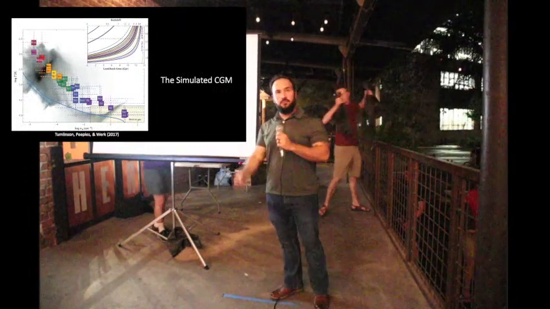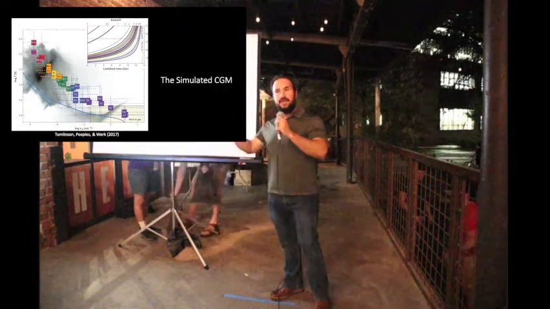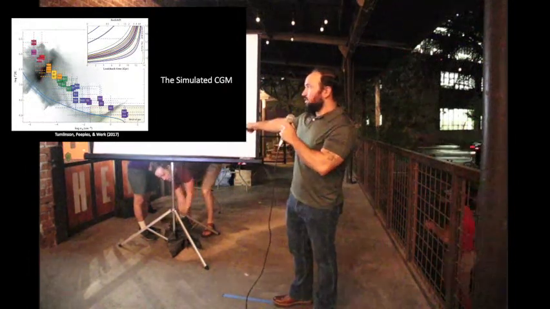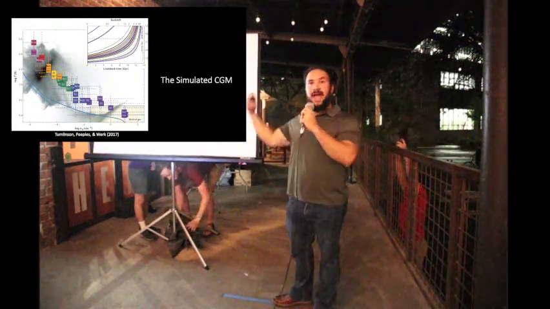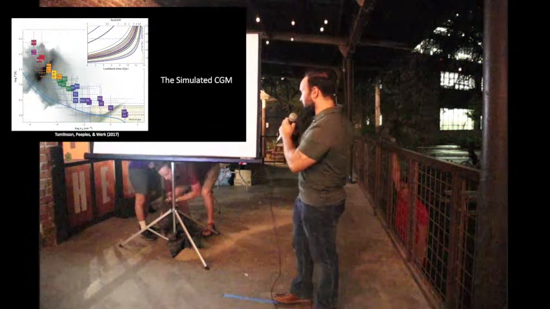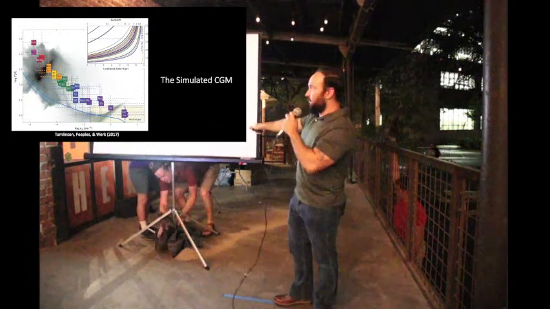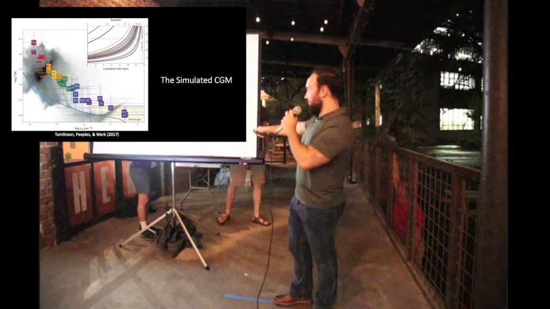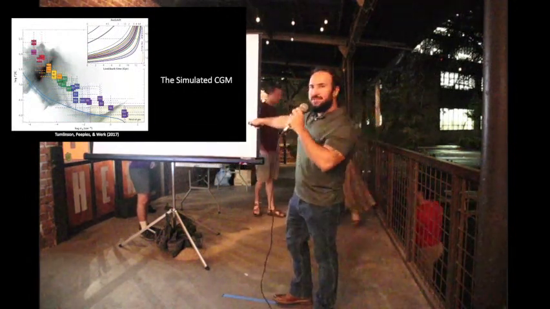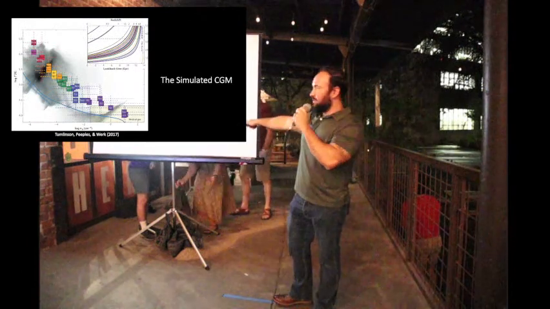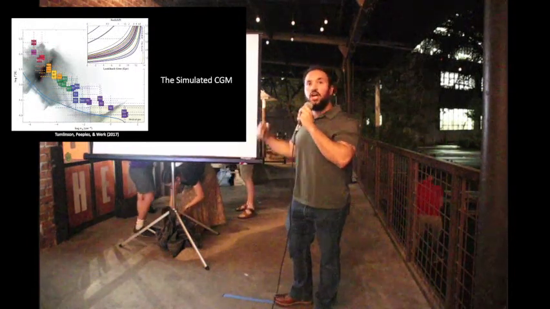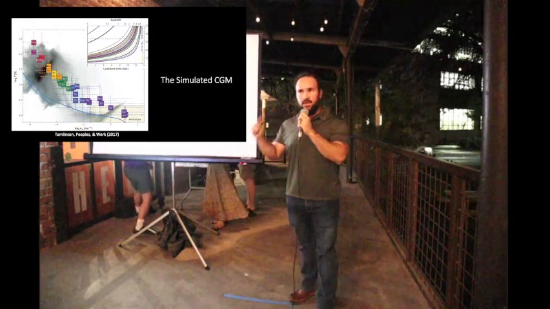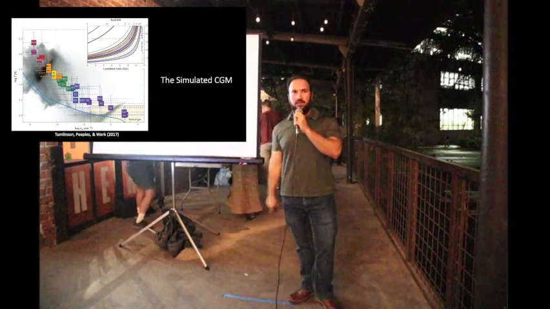Yeah. All right, onward. All right, phase diagram. So the grayscale on this is showing the mass of a simulated circumgalactic medium. And if you look on the y-axis here at all of this gray stuff in the background, a huge portion of this gas is at a few times 10 to the 5 Kelvin, so 100,000 degree gas. That's going to be our magic number for this talk here today.